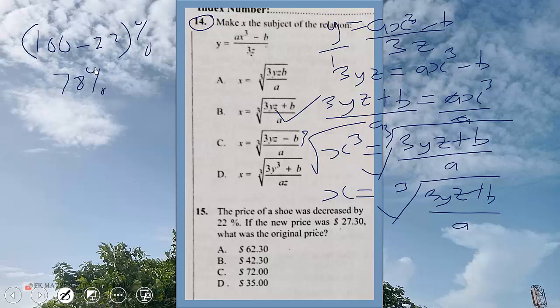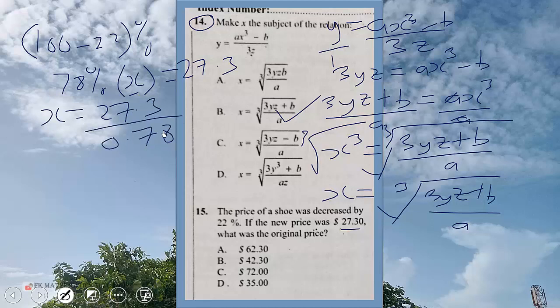So this 78% of the price is equal to 27.3. So original price is x. So x will be equal to 27.3 divided by 78% or 0.78, and that will give you 35.